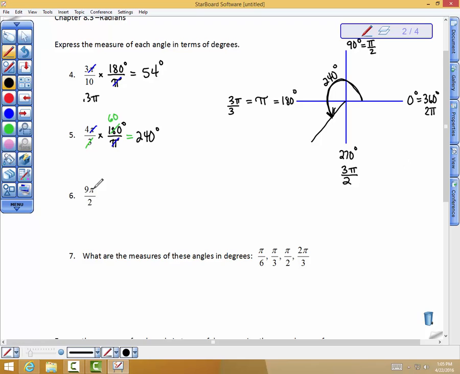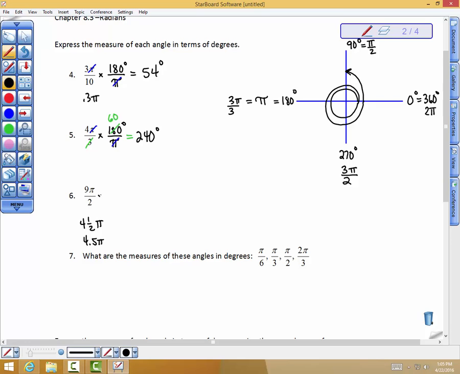So 9/2 pi is 4.5 pi. Shoot, 2 pi is go around the circle once. 4 pi is go around the circle again. And I want to go another half a pi. So here's pi. So it looks like I'm going to stop right there, I think, for 9/2 pi.